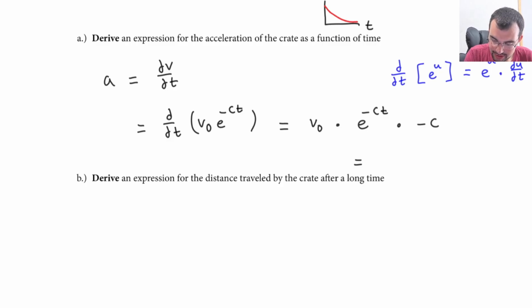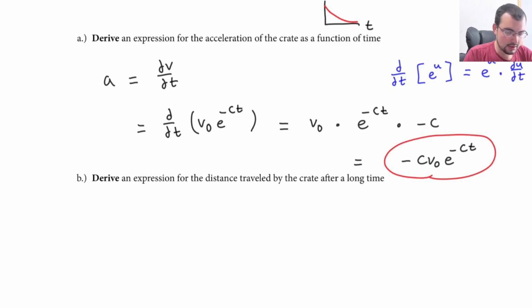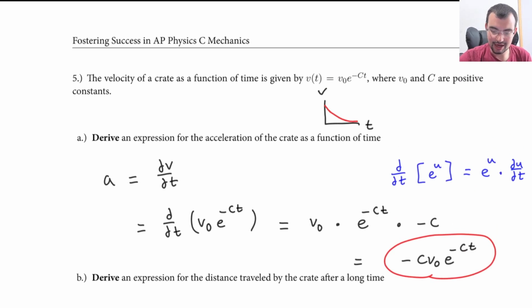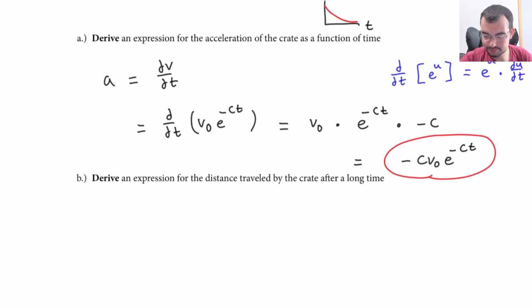So this means we would get negative cv0 e to the negative ct is our acceleration. Which means that our acceleration is actually negative and decaying with time, which makes sense, right? This is a negative slope, and the negative slope is getting shallower and shallower.